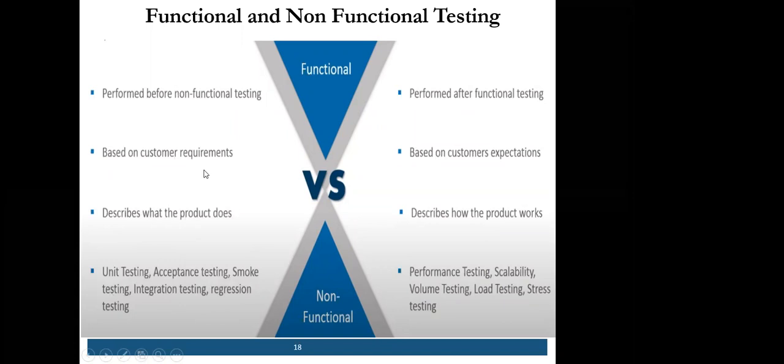You can do these testings manually, but non-functional testing, like performance testing, scalability testing, volume testing, load testing, and stress testing, you cannot do manually. For example, suppose the Facebook site.